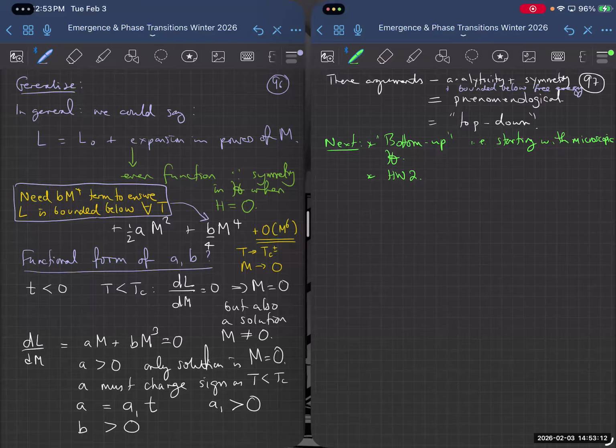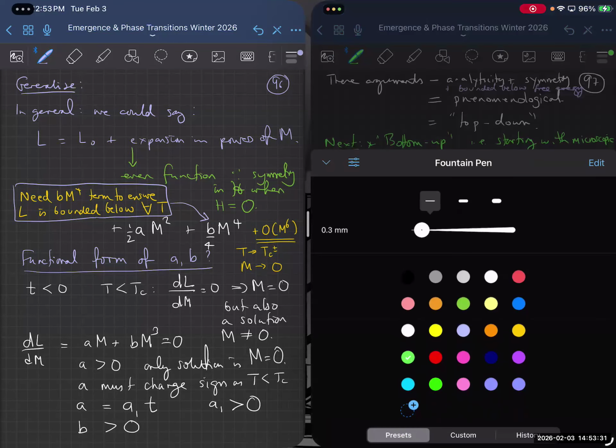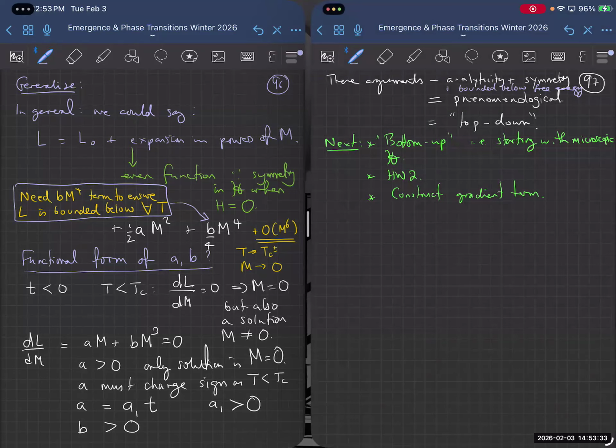So here I'm just going to show you how to construct the gradient term. The other terms I think are fairly straightforward. So that's our goal, to construct the gradient term. Let's do that. We're going to set little h, capital H, to 0.